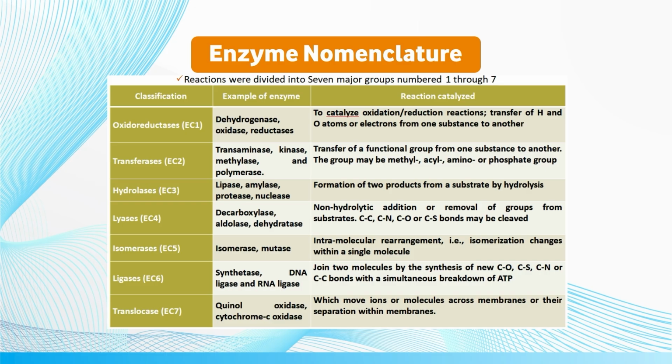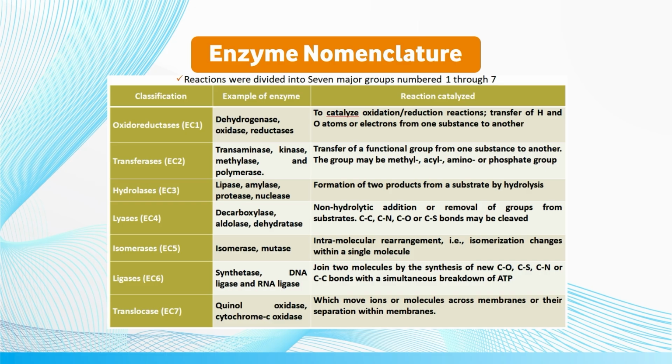Then group number 6 is ligases, the EC6 group. Ligases join 2 molecules by synthesis of new bonds like carbon-oxygen, carbon-sulfur, carbon-nitrogen, or carbon-carbon bonds, with a simultaneous breakdown of ATP. Examples are synthetases, DNA ligase, and RNA ligase.